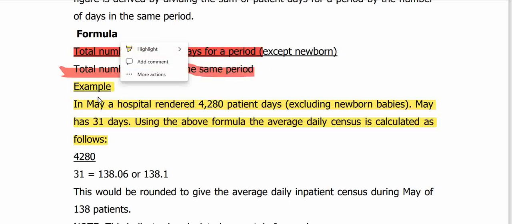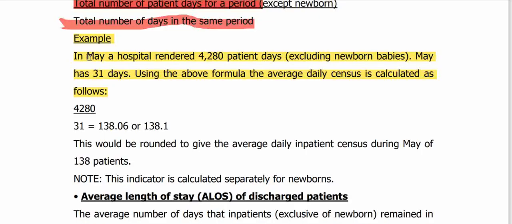So this is what happens. For example, we say in May, the hospital rendered 4,280 patient days, excluding new babies. We said that newborn babies are not calculated. Newborn babies are also calculated separately. So May has 31 days. Get it? May has 31 days.